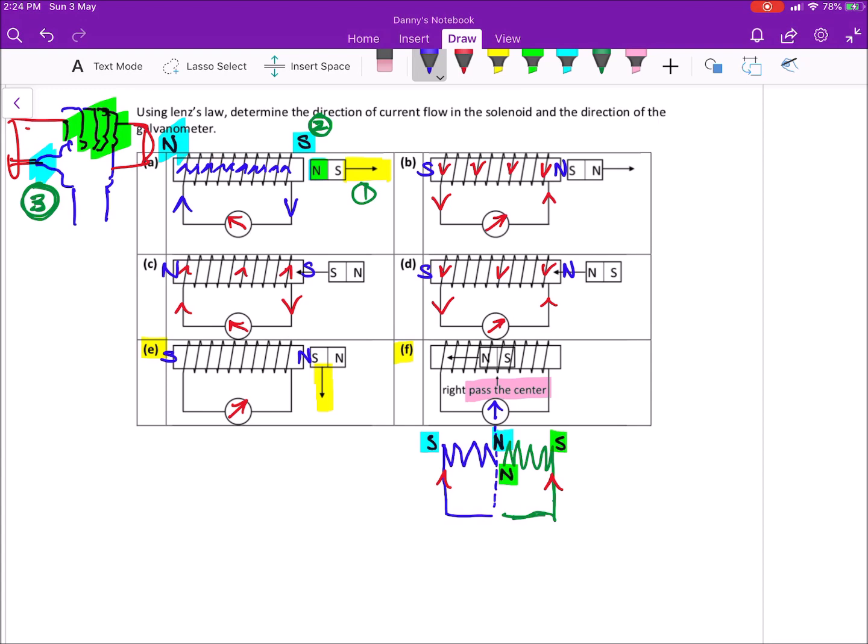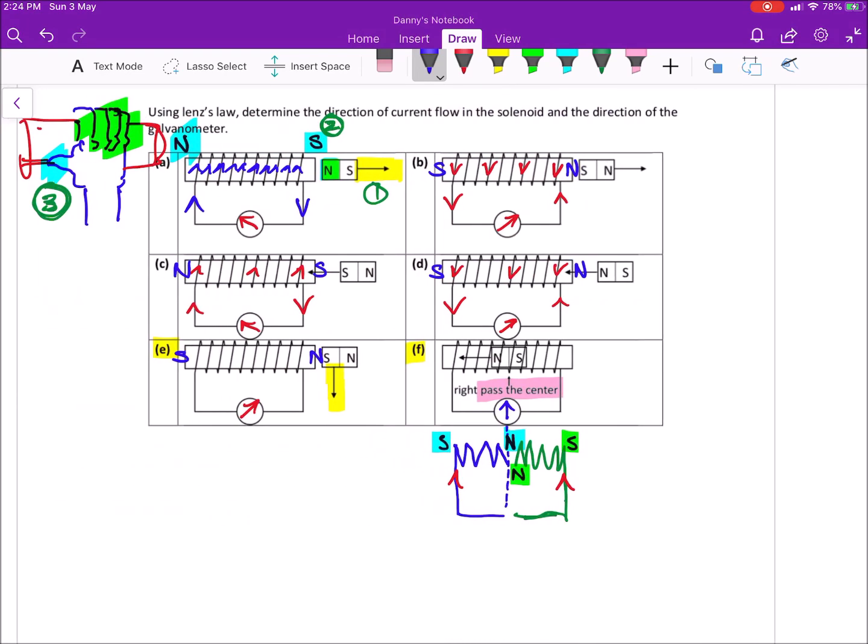When the magnet is inside the solenoid, you have to cut the solenoid into left half and right half to analyze. If the left half and right half are equal in the number of turns, then the strength of the induced current will be exactly the same. But because the direction of the induced current is opposite, they will neutralize one another.